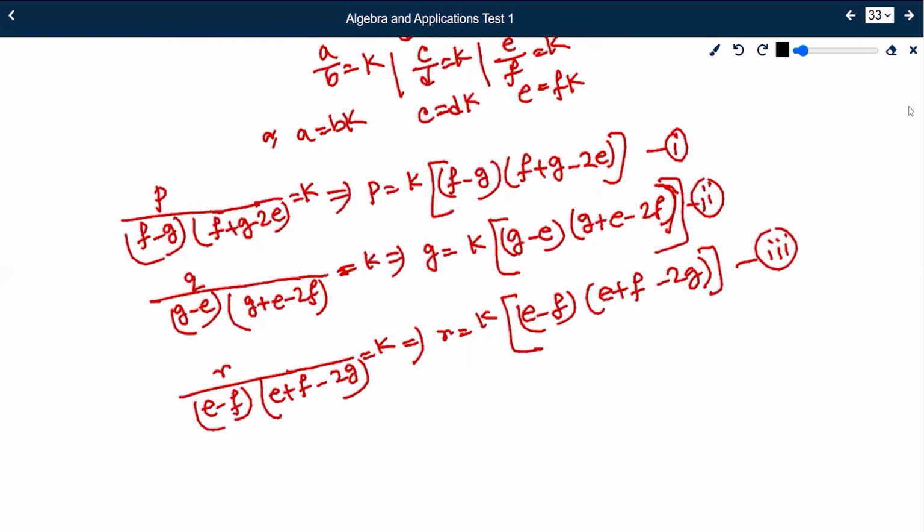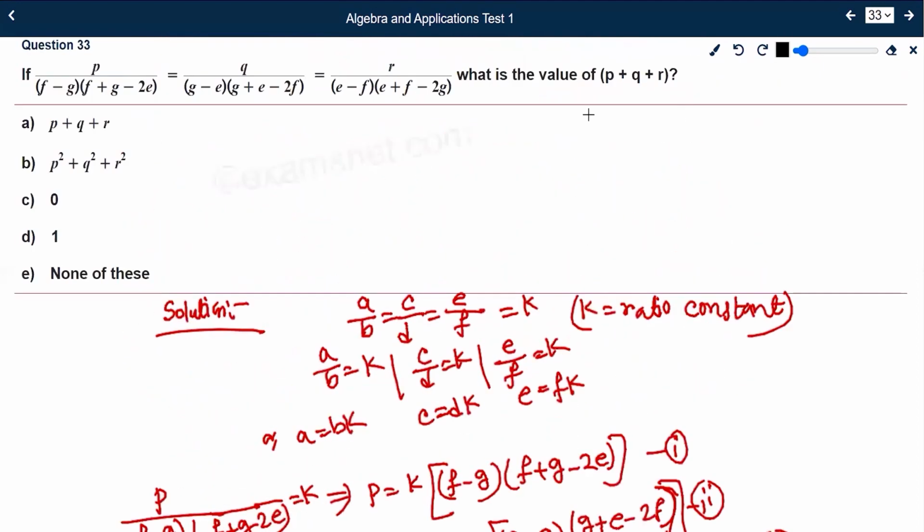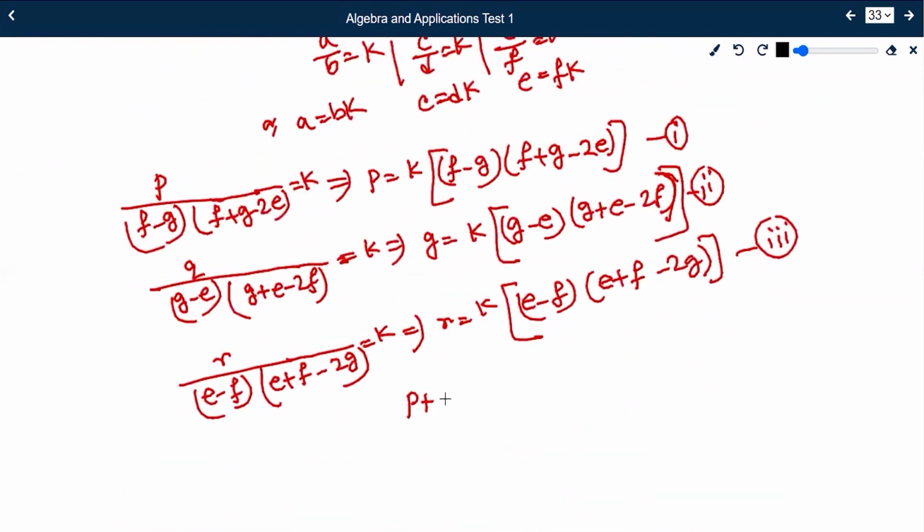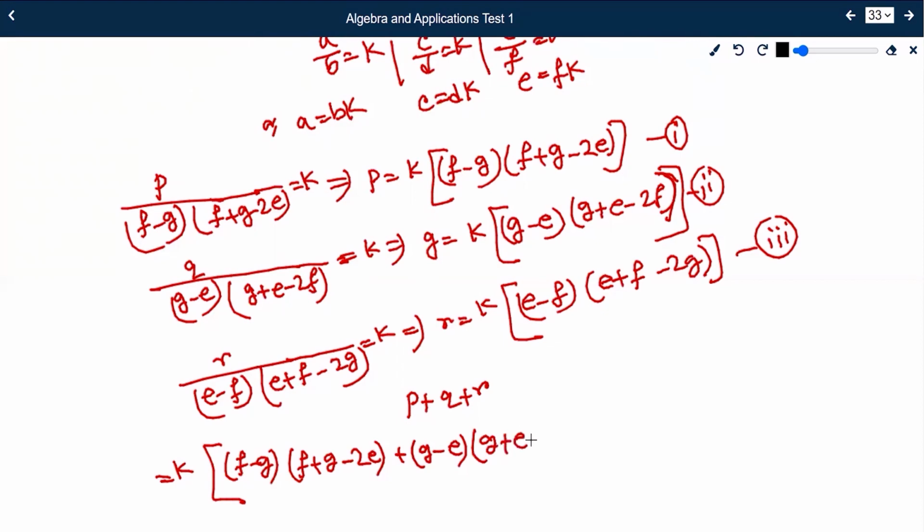Now if we are going to find the value of p plus q plus r, from these three equations we can write that they are equal to, let's take k common from all these three terms, k times (f minus g)(f plus g minus 2e) plus (g minus e)(g plus e minus 2f) plus (e minus f)(e plus f minus 2g), correct?